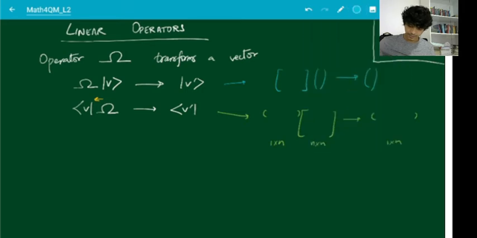In the previous case for the ket, it was n cross n with n cross 1 giving n cross 1. So the matrix multiplication makes sense that way. Now we are not talking only about operators, we are talking specifically about linear operators. So what does this word linear mean?